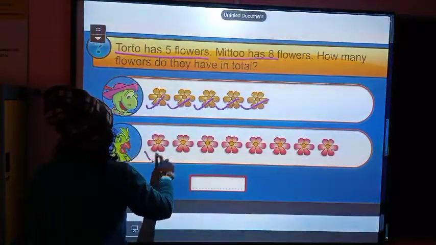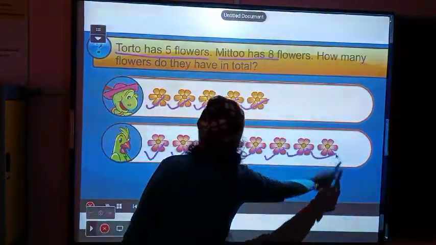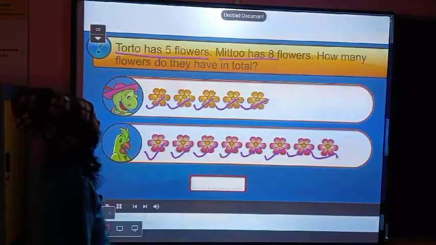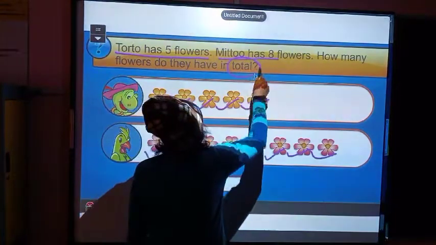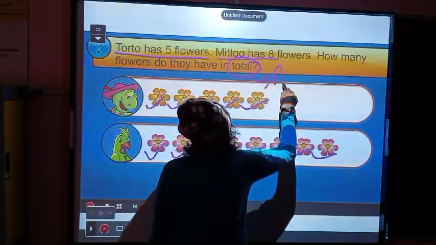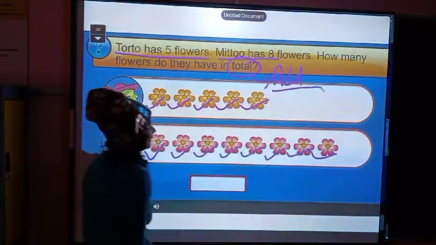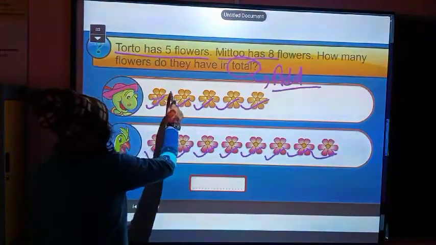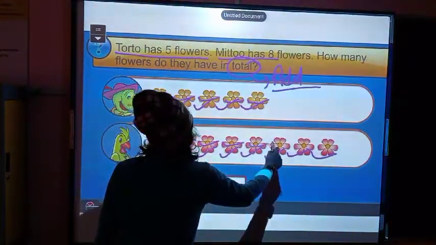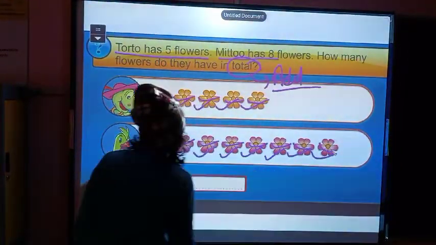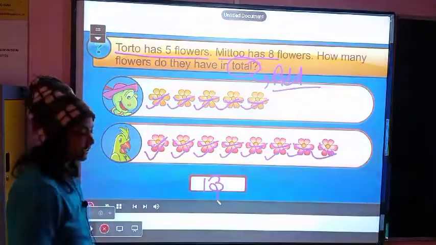Mitu has 8 flowers: 1, 2, 3, 4, 5, 6, 7, 8. Total means addition. Add both. So 1, 2, 3, 4, 5, 6, 7, 8, 9, 10, 11, 12 and this one is 13. The total flowers is 13.